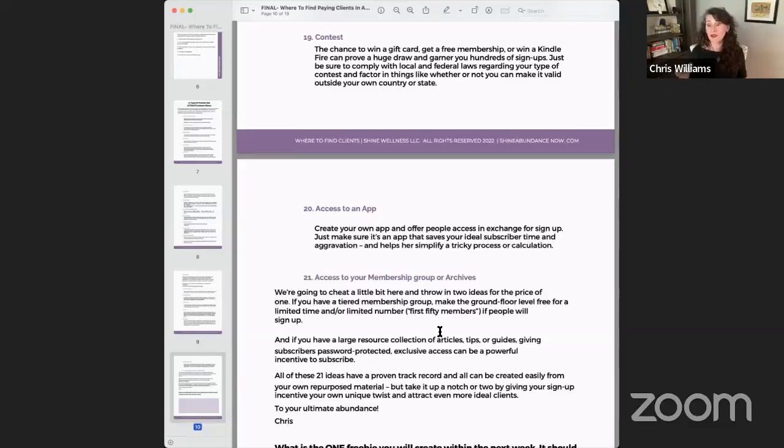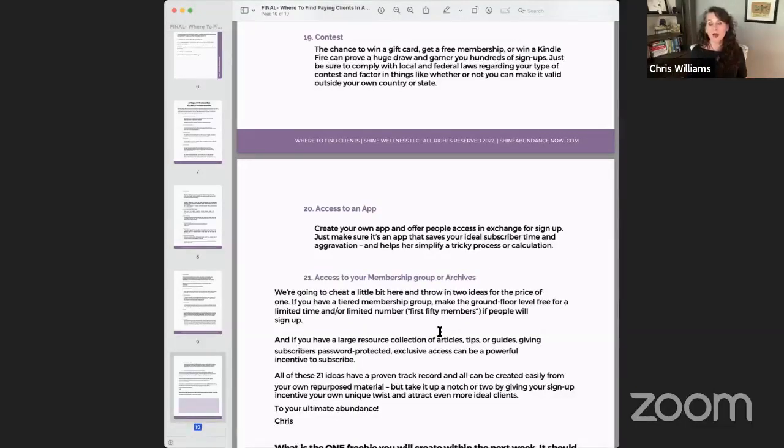Like the Calm app gives you a 30-day free trial. Peloton app gives you a 30-day free trial. There are multiple apps out there that give you an opportunity to try something first before they buy. That is a really great way, again, to give somebody an experience and help them create a quick win temporarily.